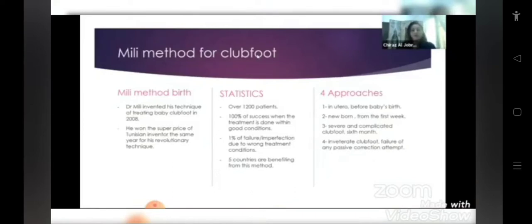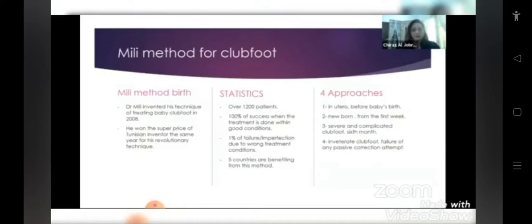The third approach, for severe and complicated clubfoot, starts at the 6th month. And the 4th approach is for the inveterate clubfoot, the cases that have failed any passive correction attempts.